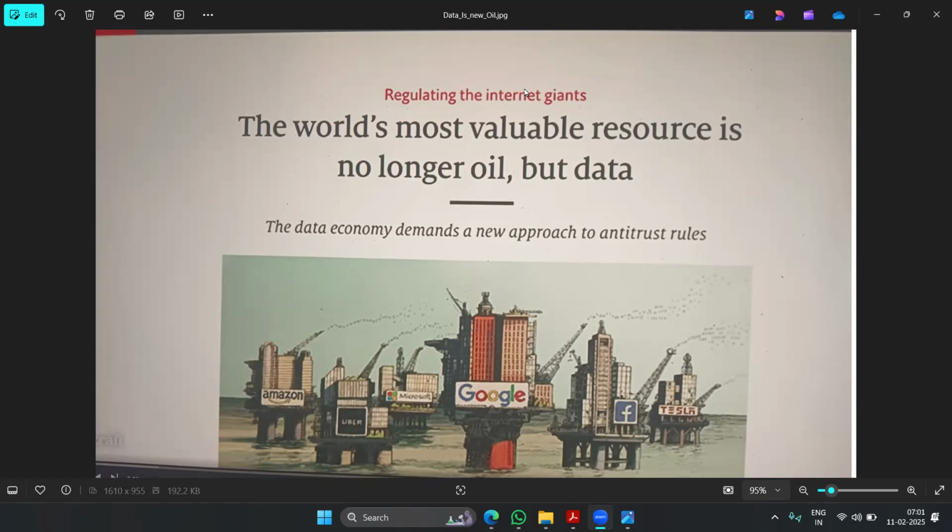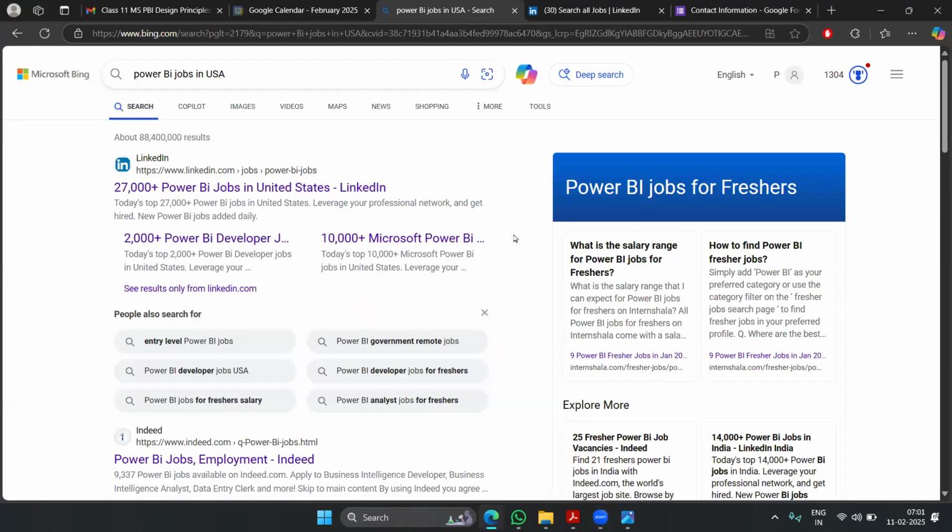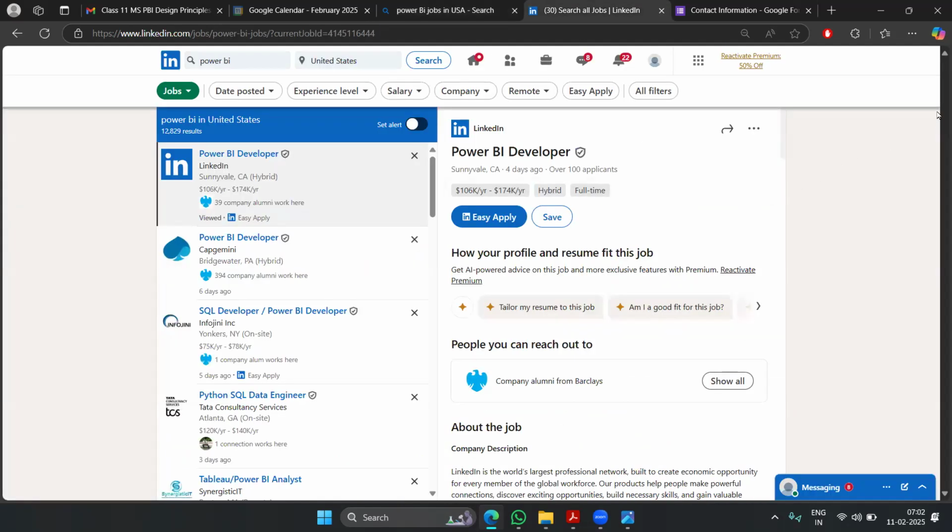So a lot of demand is there for the data analyst, right? Because every business is moving to digital, and they need a person who can manage their data and visualize those reports. And if you see just in LinkedIn, I'm showing you Power BI developers.